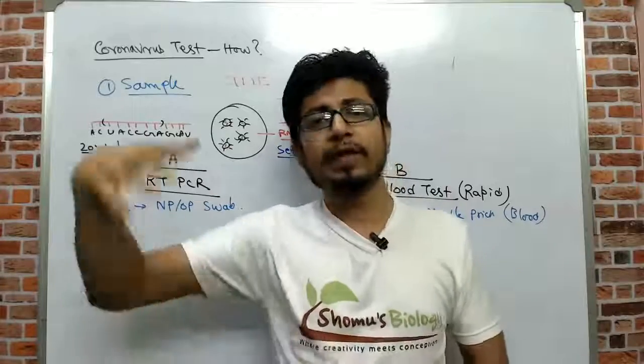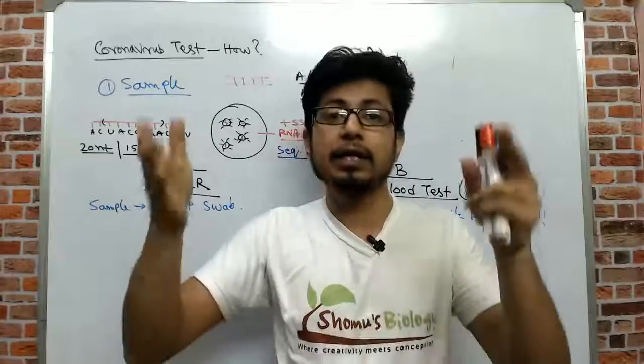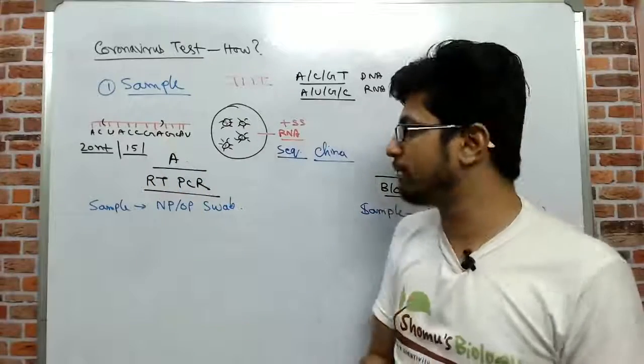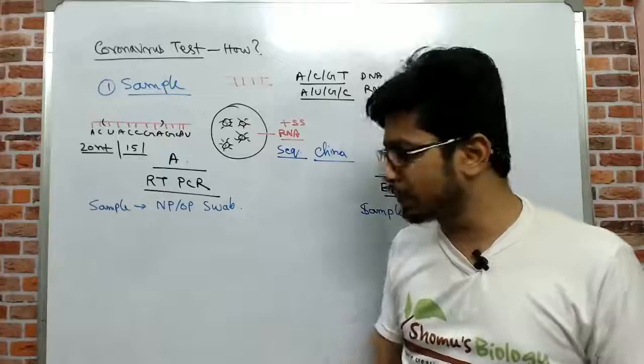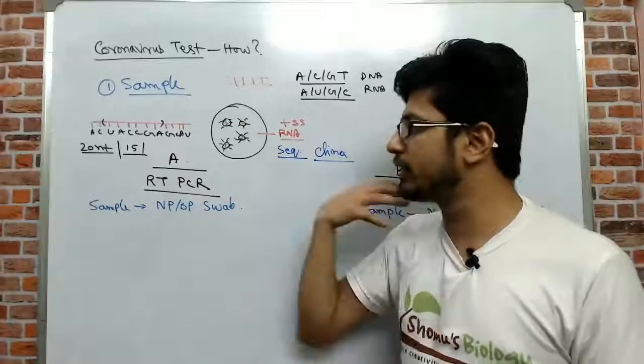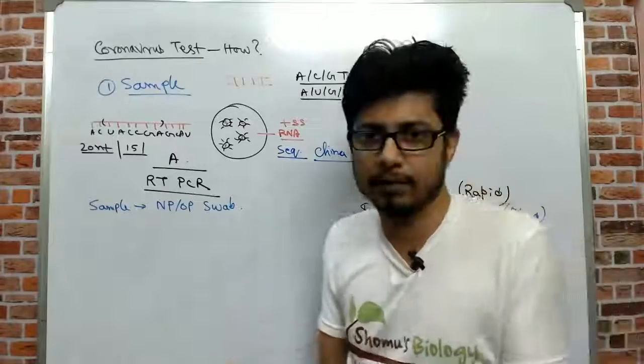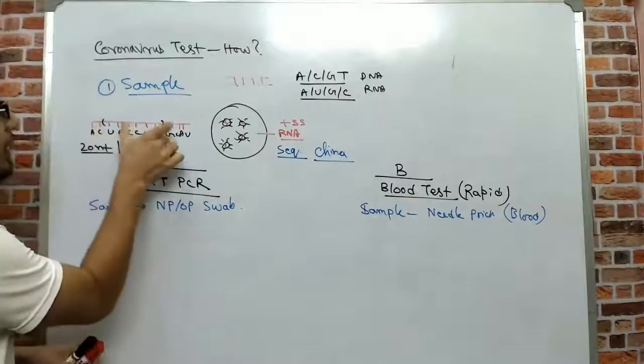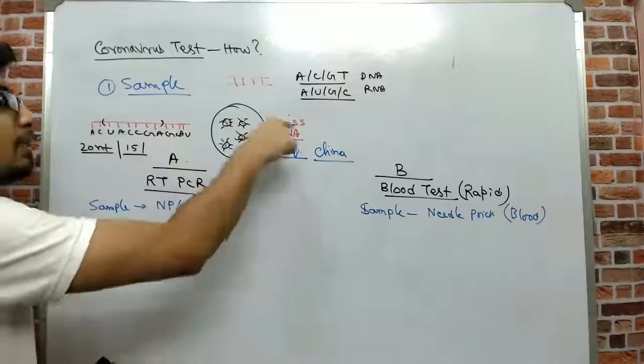In different nations they are using different kits, different segments of the RNA to be scanned and amplified. Germany is using a different kit, Japan is using a different kit, China is using a different kit, India can use a different kit. So in different countries they are trying to find specific regions of the sequence that must be present in the viral RNA.